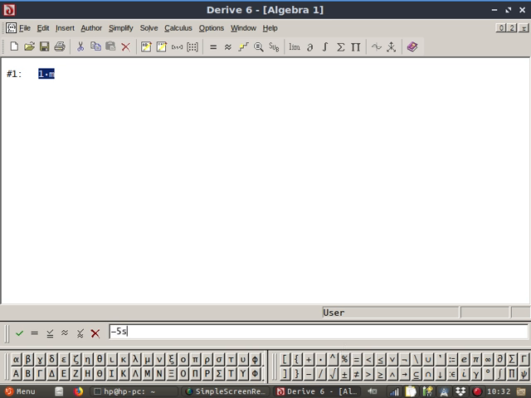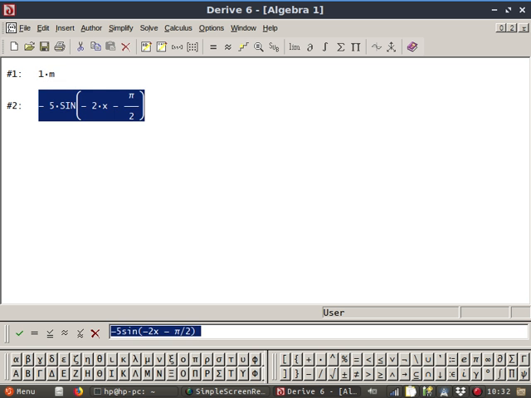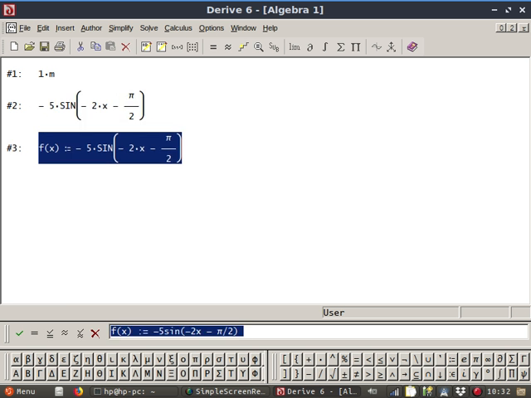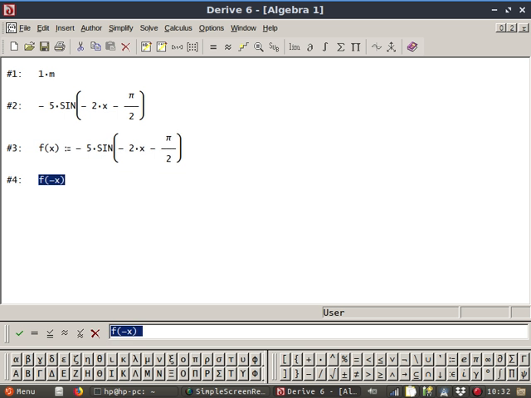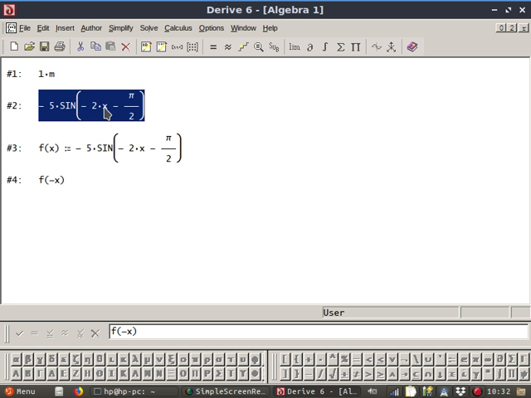So we had minus 5 sine of 2x minus pi over 2. You see that? And that's equal to f(x). And we want to check if it's even or odd. So we want to calculate what f of minus x is. So watch. What I can do is take this. I'll just type it.